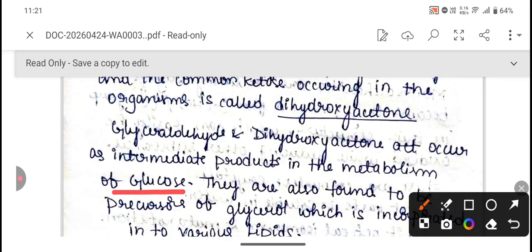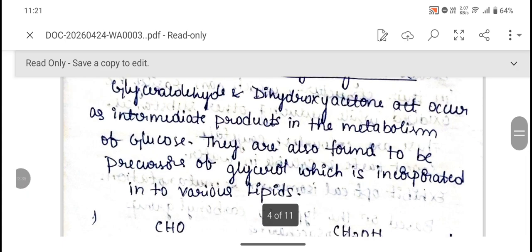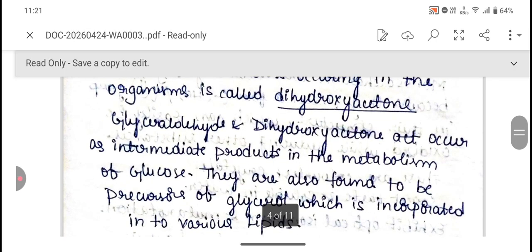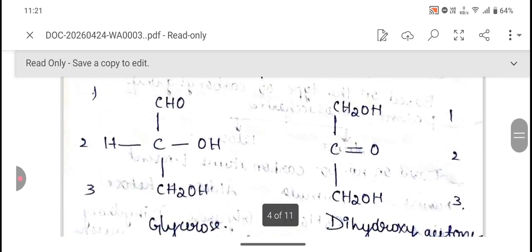They are found to be precursors of glycerol, which is incorporated into lipids. So these are the precursors for glycerol, which is a backbone structure for lipids. These are a few applications of dihydroxyacetone and glyceraldehyde.